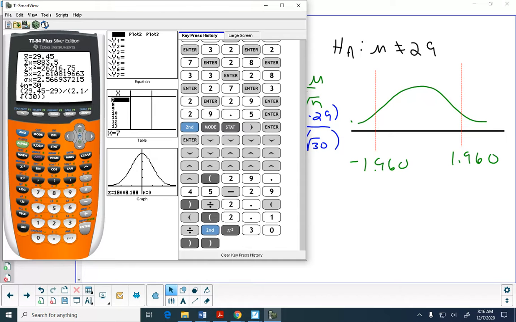I have to put two of them there because my calculator put a parenthesis in there. Now, some of you have to hit your right button and pull out of the radical, which is fine. So we hit enter, and we get a test value of 1.17.